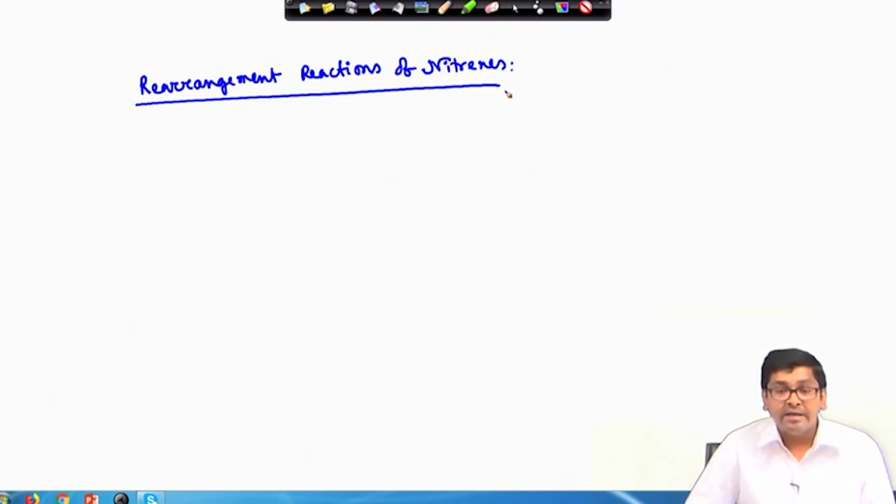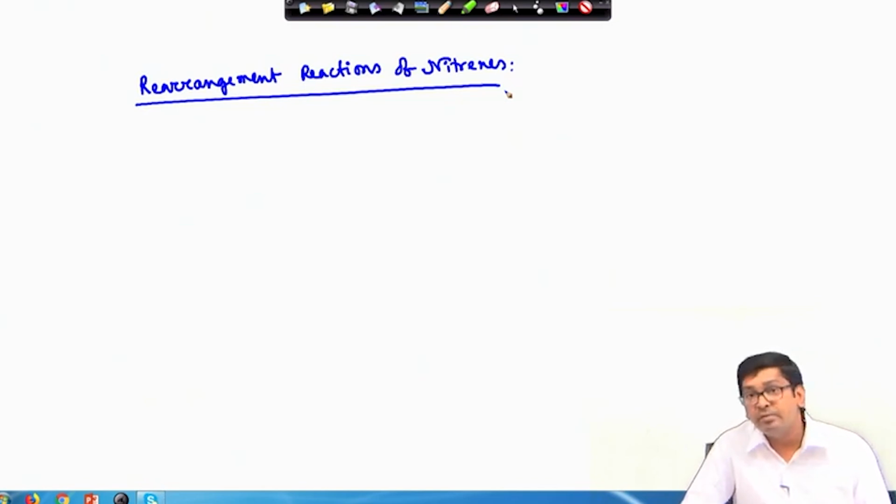Now, due to these migrations, some groups will act as leaving groups, and they will be different in different reactions. According to that, different rearrangement names came.